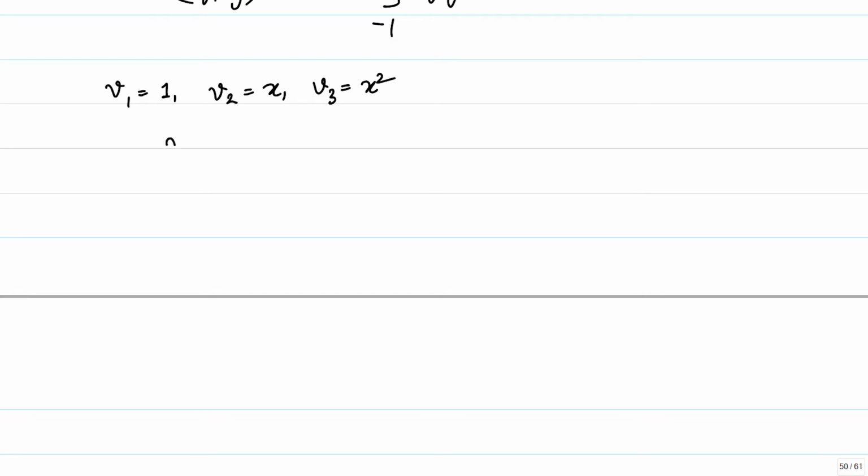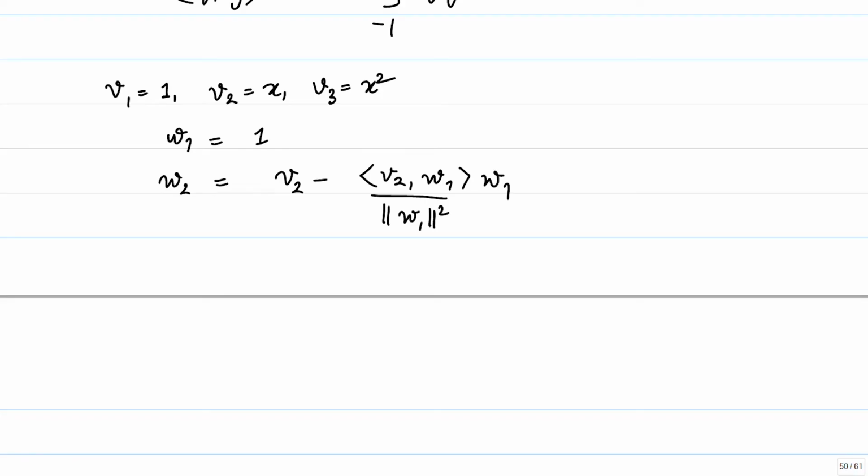So the first one, W1, is just equal to 1. How about W2? W2 is V2 minus the inner product of V2 with W1, divided by the length of W1 square, times W1. What is W1 here? So W1 is 1.